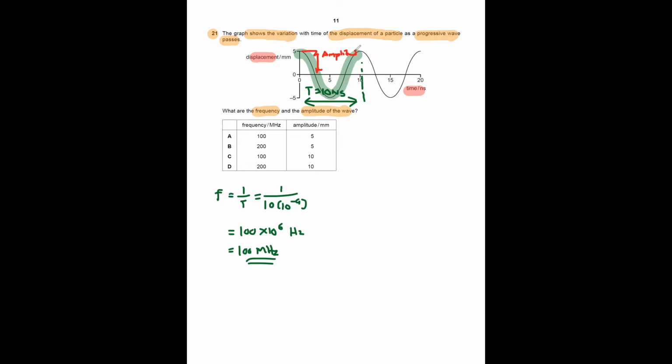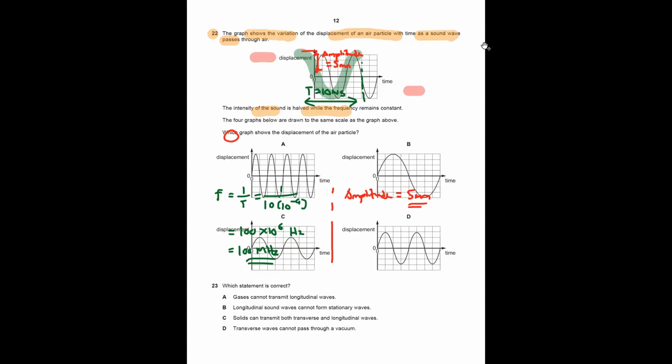By just looking at the graph itself, this is 5 millimeter. So what is your answer here? Your frequency being 100 megahertz and your amplitude being 5 millimeter, your answer should be A. Okay, for 21, this one is pretty straightforward. Then I'll move on to the next one.